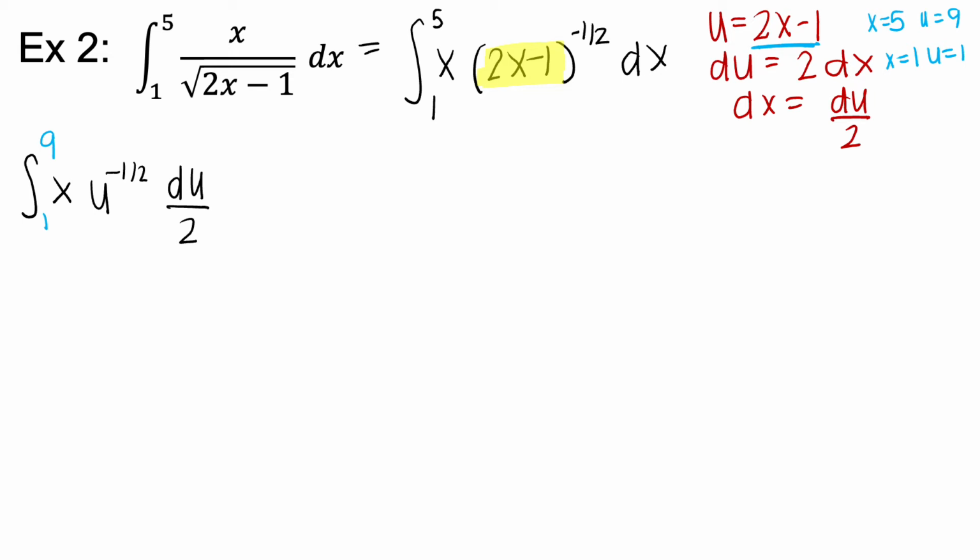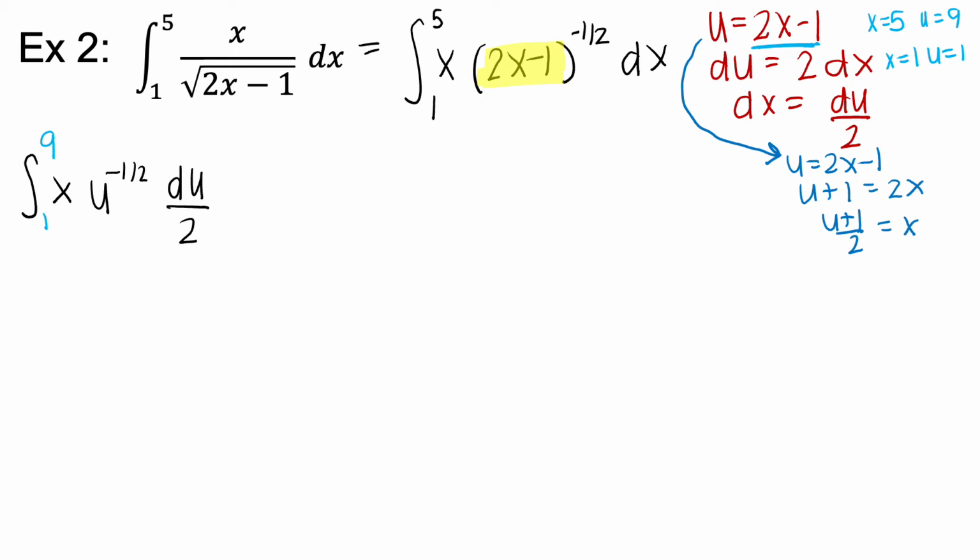Notice, just like in the last example, our x does not cancel, so we have to go ahead and rewrite our x using our equation for u. So if u equals 2x minus 1, then u plus 1 equals 2x. So u plus 1 over 2 equals x. And that is not always the case.